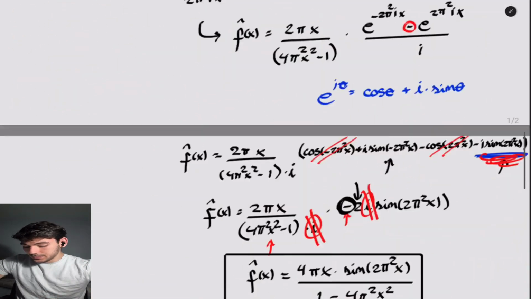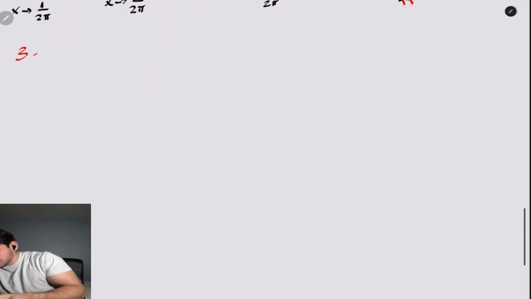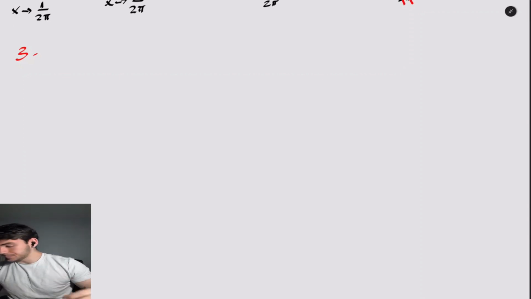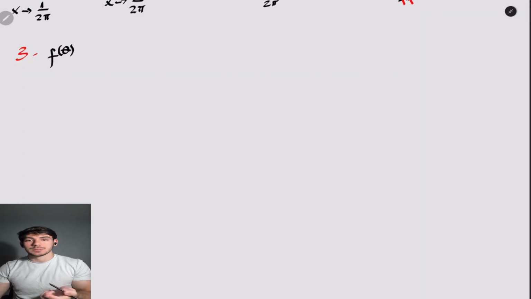Okay, so the idea here is we're going to do the inverse Fourier transform. So the formula is f of theta, since we're going to invert it, so it's like de-transforming.